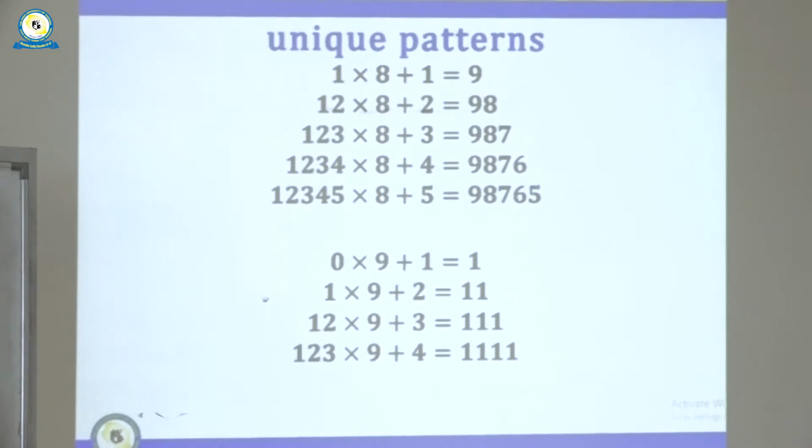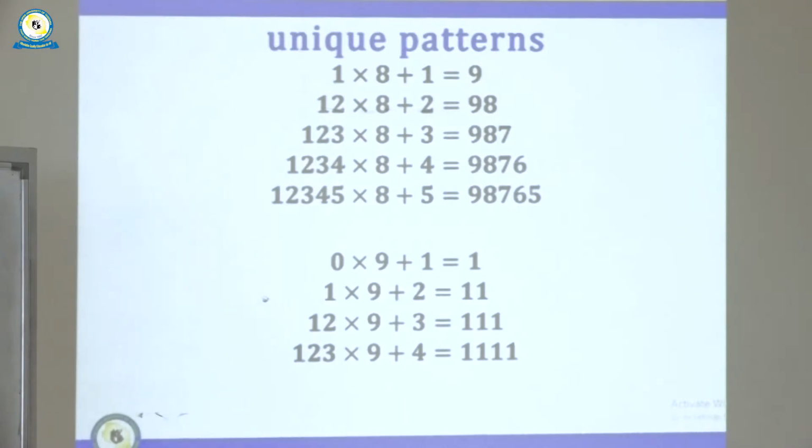Similarly, in another pattern, you can find that 0 times 9 plus 1, you get 1. 1 times 9 plus 2, you get 11. 12 times 9 plus 3, you get 111. 123 times 9 plus 4, you get 1,111.